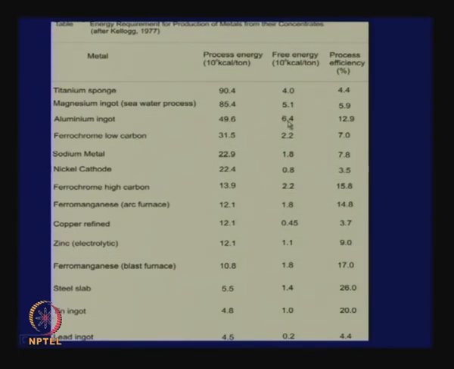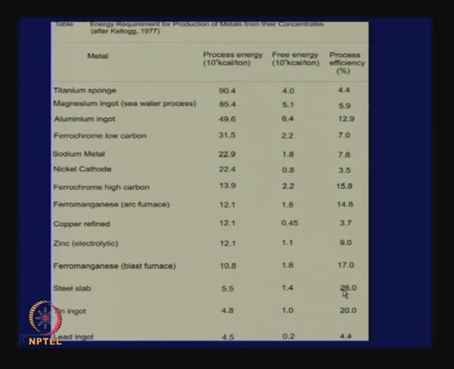Again, in terms of free energy, it is small, process energy is 12. Only when we come to compounds which are not very stable and which are found in relatively purer forms, which are easier to break, like lead ingot, do we find our process efficiency is higher.